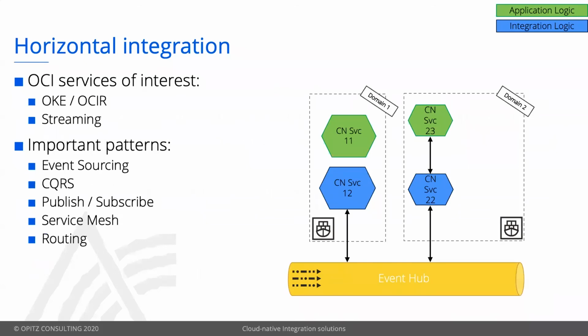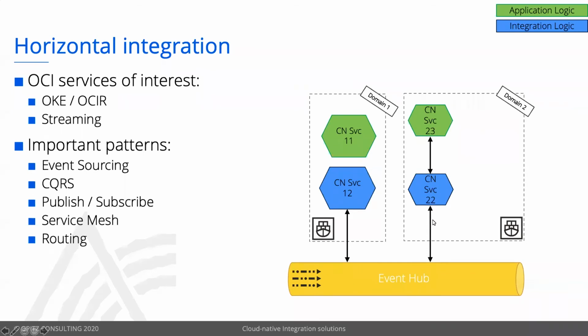If you look at what horizontal integration means from an implementation perspective, we have two domains here, and those two domains are talking to each other using business events. So this guy here is publishing an event.